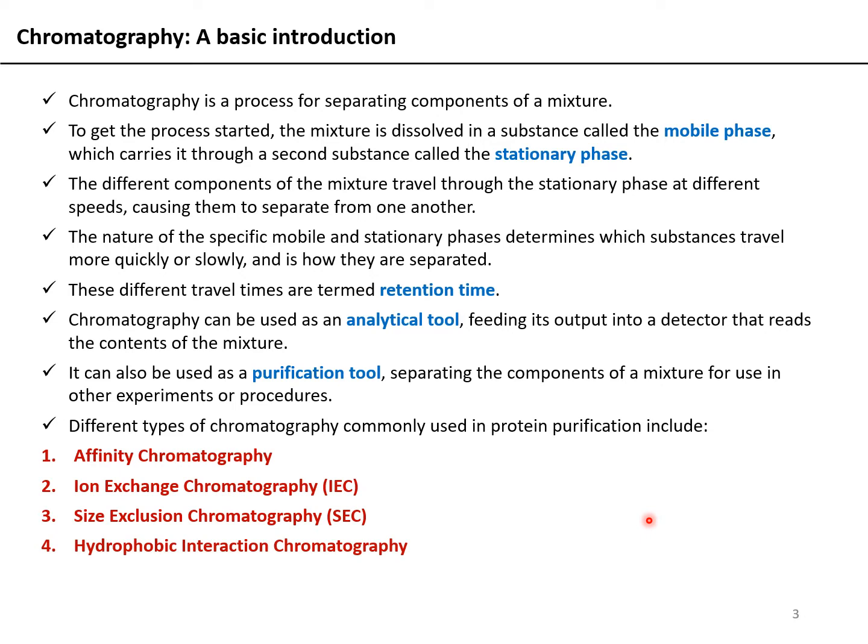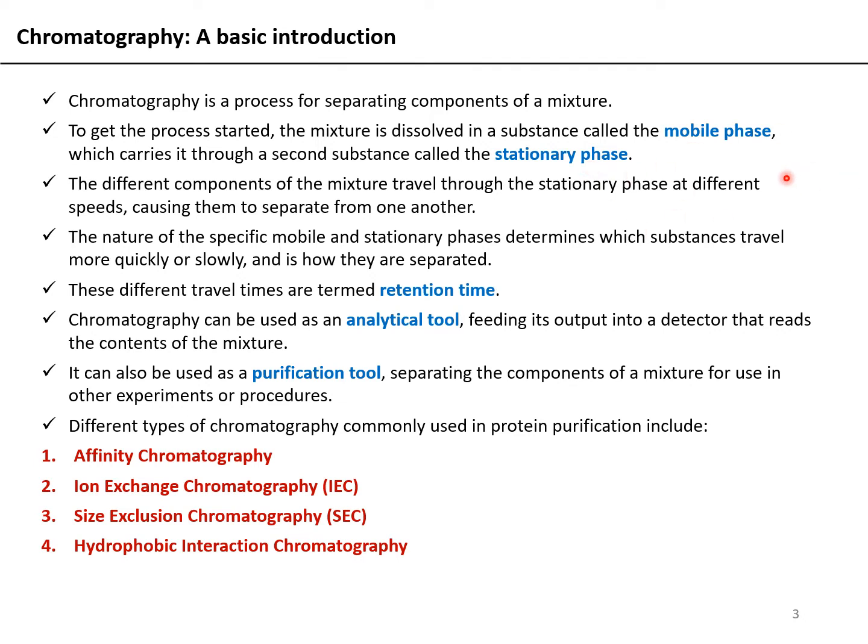Now, I would like to add one point at this stage, that broadly you can divide chromatography into two types. So you have your regular chromatography and you have your reverse phase chromatography. In regular chromatography, the stationary phase is polar in nature, and so is more polar than the mobile phase.